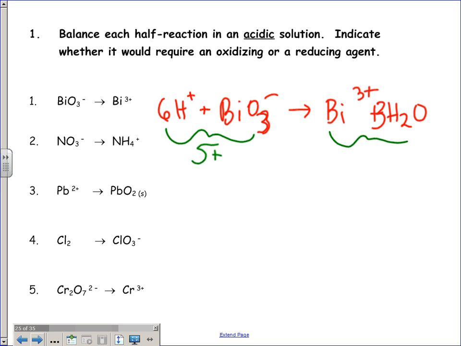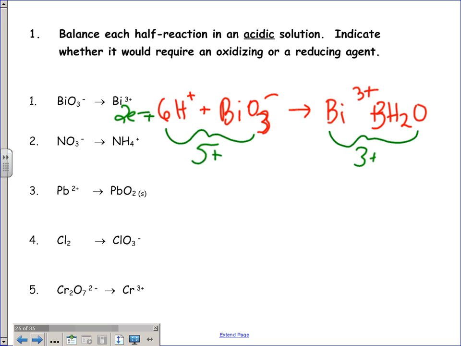Over here, we have a total charge of 3 plus because the waters carry no charge. You always have to add electrons to the higher charge because that's how you bring the higher charge down, right? So how many electrons am I adding over here? 2 electrons. All right. And then we're done with that half reaction. Assuming we had another one, we could look at the electron transfer and multiply if we need to.